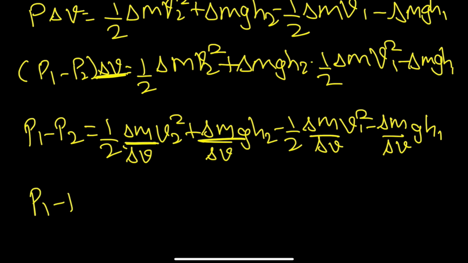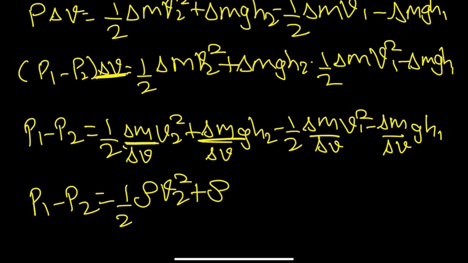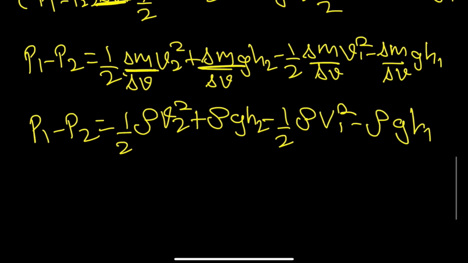Now P1 minus P2 is equal to half rho V2 square. Rho is the density. Delta M by delta V is rho. We know that density is equal to mass by volume. It's so simple, guys. Plus rho g H2 minus half rho V1 square minus rho g H1.